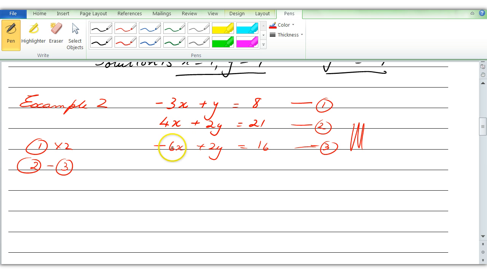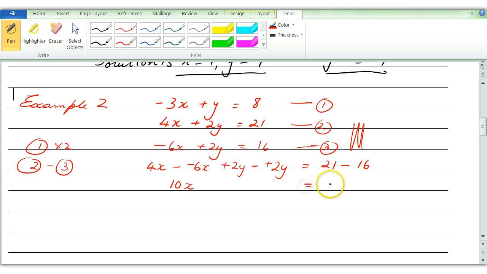So it's 4x take negative 6x, plus 2y there, take positive 2y, equals 21 take 16. 4x take negative 6x will give us 10x. 2y take positive 2y will give you nothing.